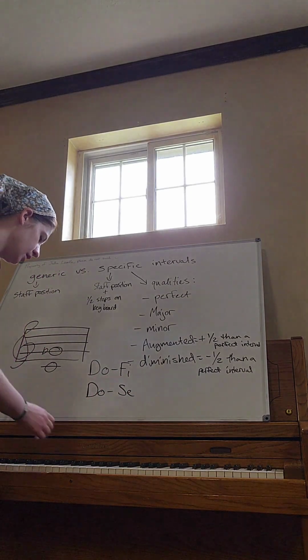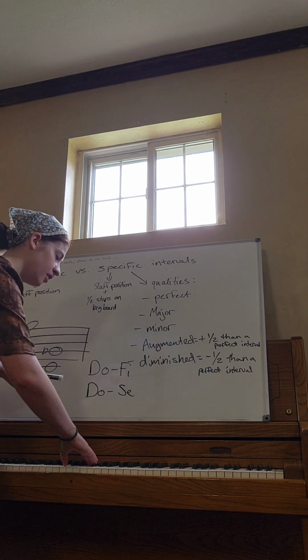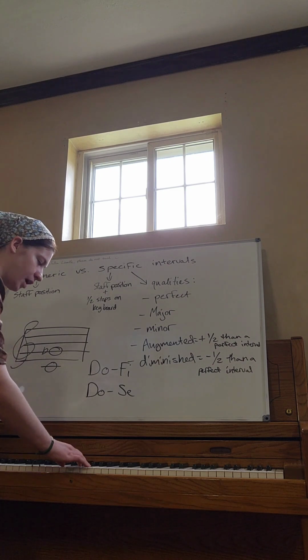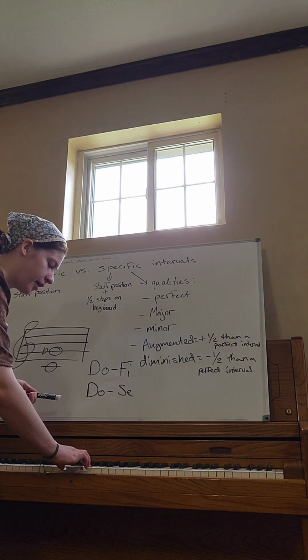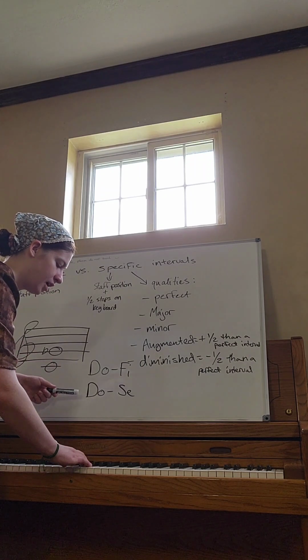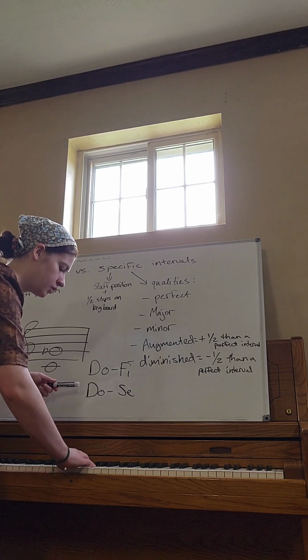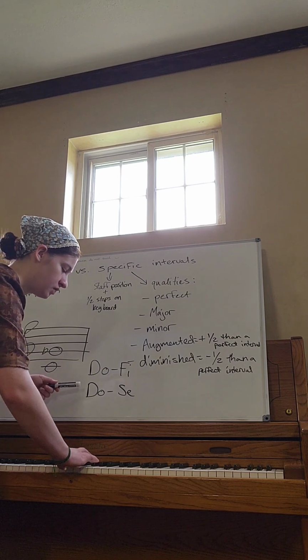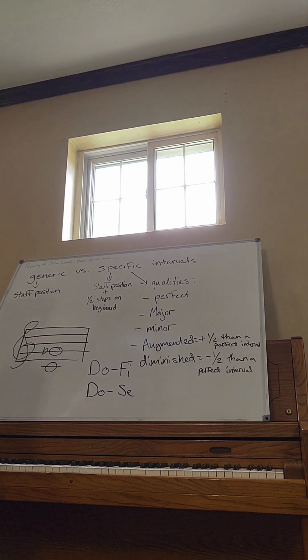Do, fi, do, se. So a perfect fourth, do, fa. Augmented fourth, do, fi. A perfect fifth, do, sol. A diminished fifth, do, se. So depending on the harmonic context, an augmented fourth and a diminished fifth are the exact same.